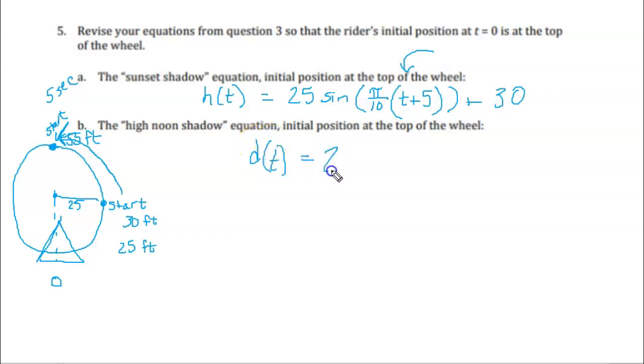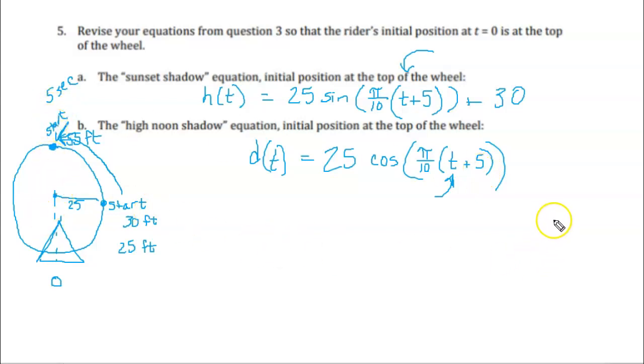I want to plug in 0, but I don't want to take the cosine of 0 because I want to end up with the cosine for this spot. That's going to give me this output, and it too is 5 seconds later than we were before. So I want to plug in 0, but I want to get the output that 5 seconds had.